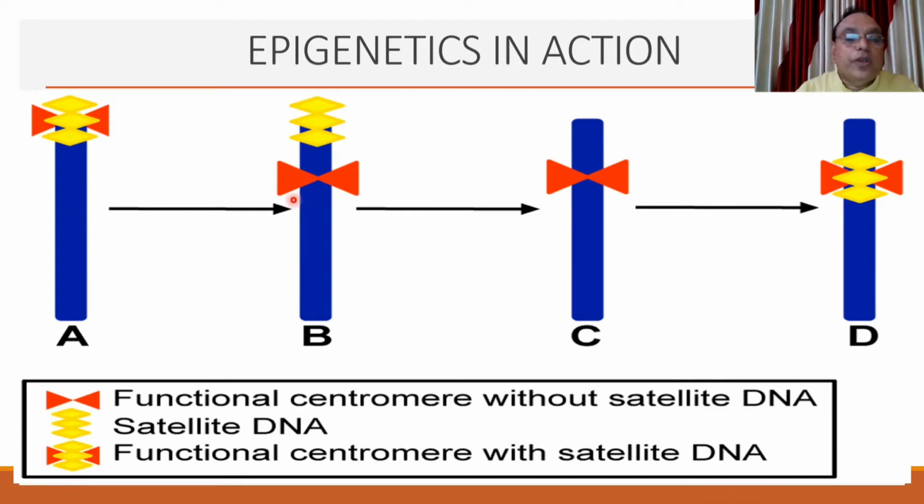So you can see for yourself how epigenetics works in case of changing the centromeric spot. And this changing of the centromeric spot in an individual may have catastrophic consequences, may lead to aneuploidy in that individual.